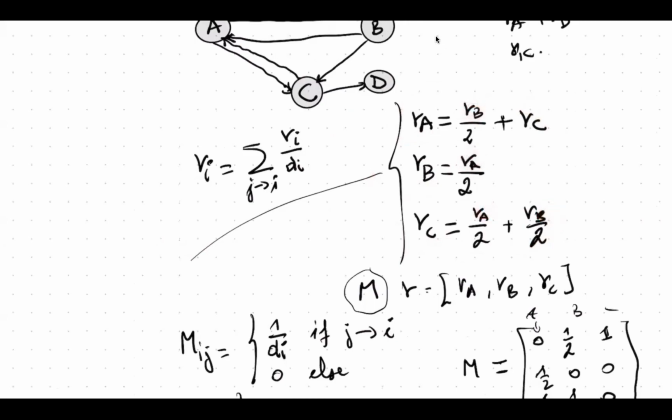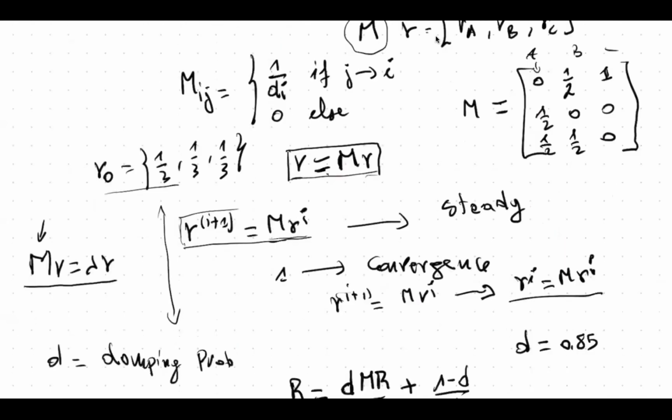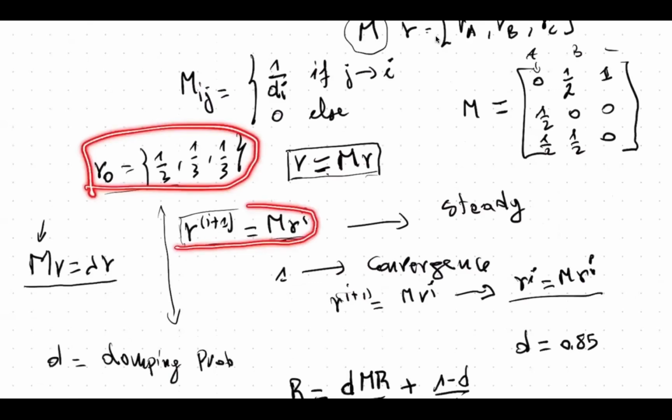And we said that if we take the stochastic matrix, this matrix is column-wise stochastic because each column is a probability distribution, all of it sums up to 1. So we can take a random initial distribution and iteratively compute this value until it converges.